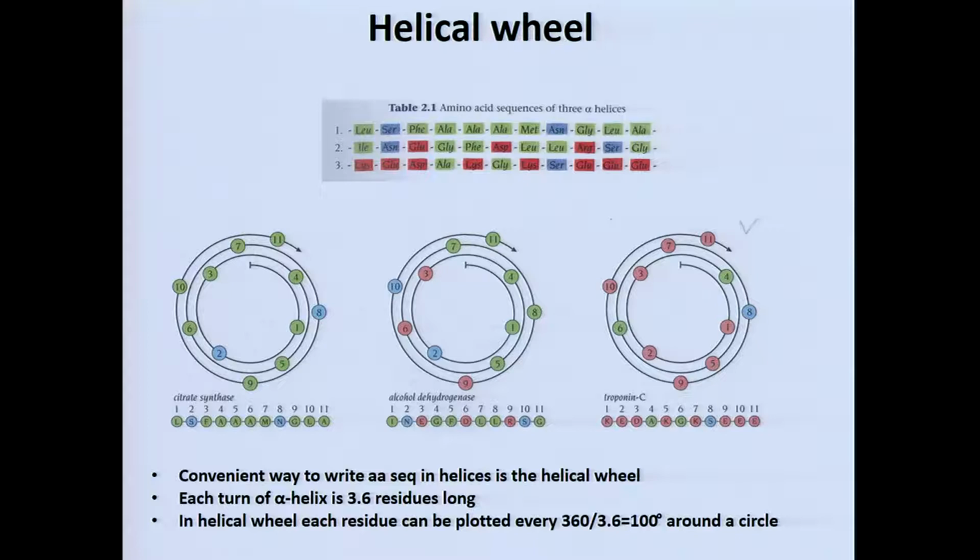Okay, and if you have number 2, then you can plot it around the helix, and you can see here that all the non-polar amino acids are on the same side, and the polar amino acids are on the other side, right?